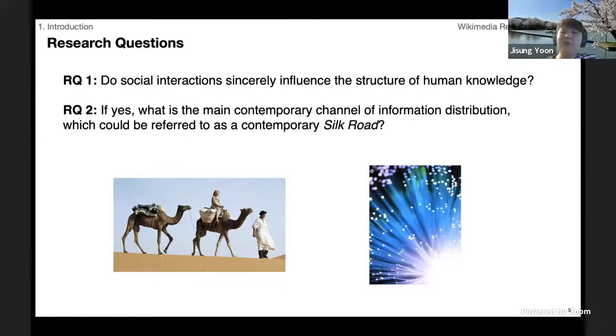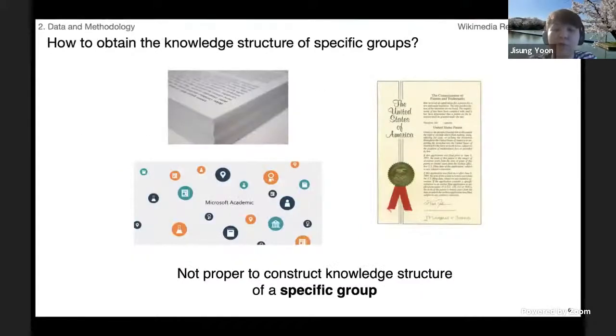If we want to construct the knowledge structure of a specific group, the problem is tricky. If you think about knowledge databases, representative examples are papers or patents. But this kind of data is not proper for constructing the knowledge structure of a specific group, especially a specific language usage group.